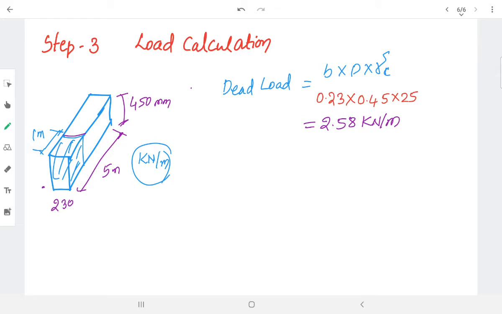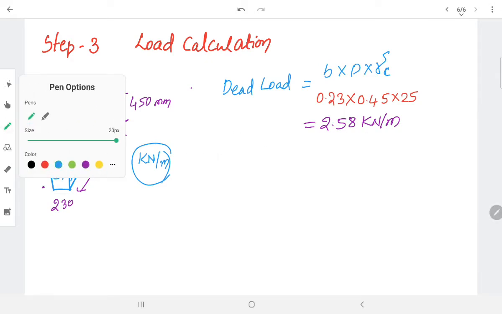It will be 2.5875 kilonewton per meter. When you calculate this one, this will be the dead load on the beam.